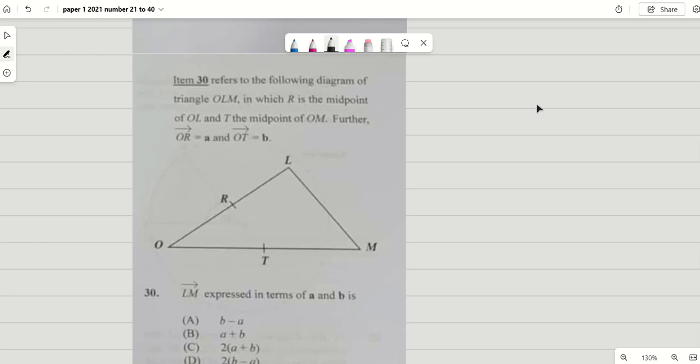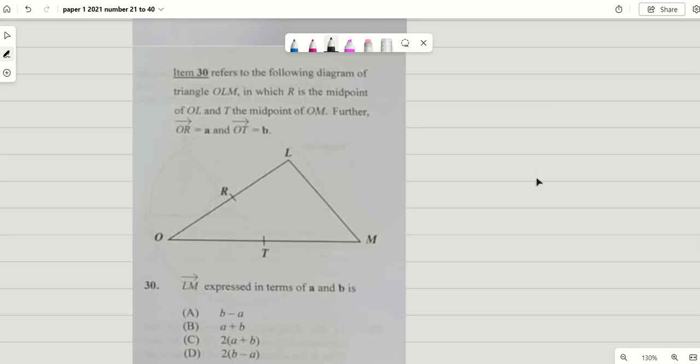Item 30 refers to the following diagram of triangle OLM in which R is the midpoint of OL, and T is the midpoint of OM.